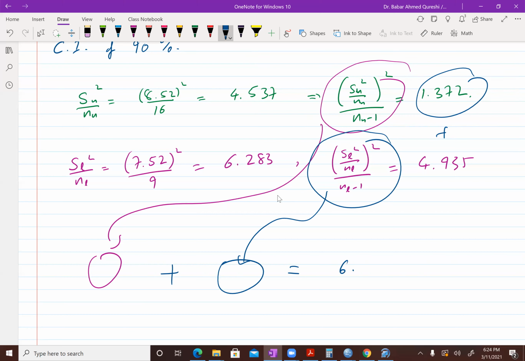So the margin of error is 1.729 times I have to compute this number. So what was the number? The number was the square root of sx squared over nx plus sy squared over ny. These two terms I have already computed. These are these numbers.